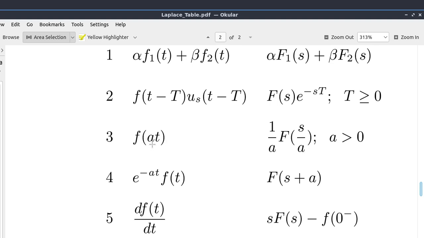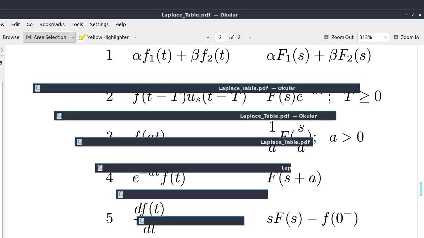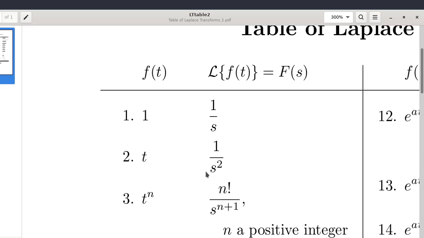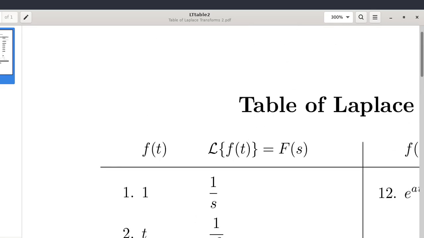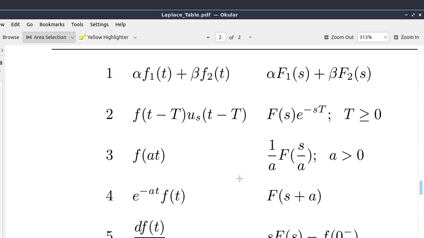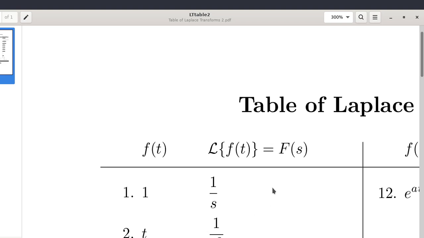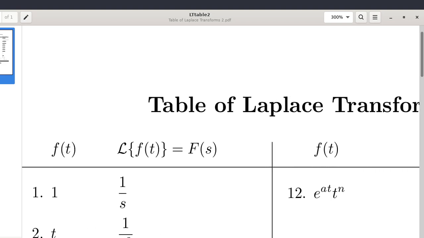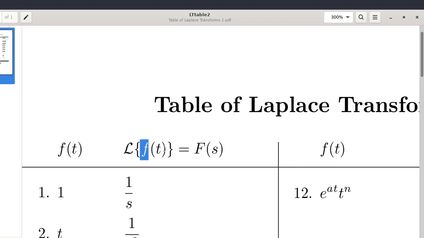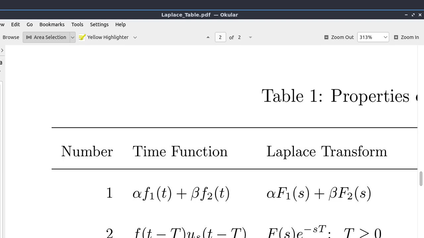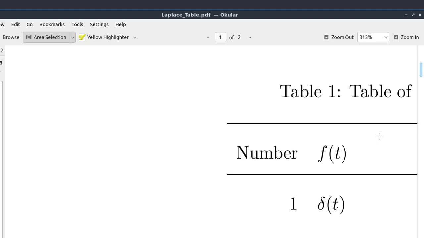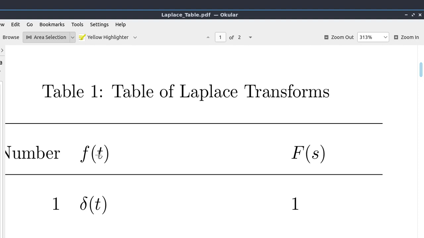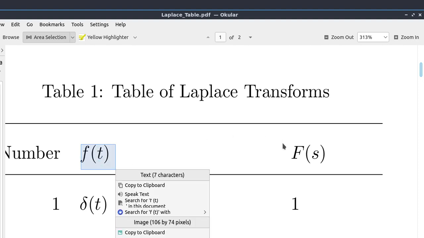Now, here, let's look at this other table and see how they put it. It's the top part I should be looking at. It's the Laplace transform of f of t. It's called F of s. Let me see the other table, how they put it. Right, when you find the Laplace transform of f of t, you get F of s.